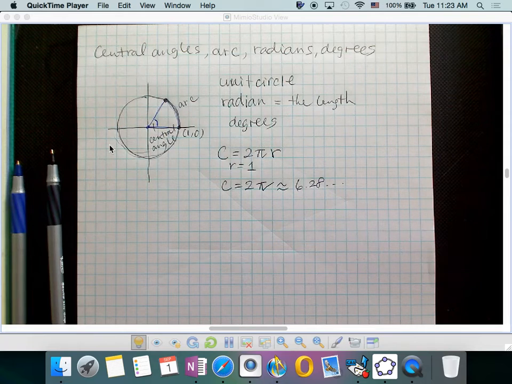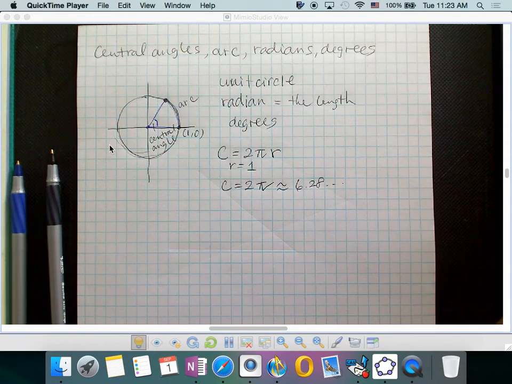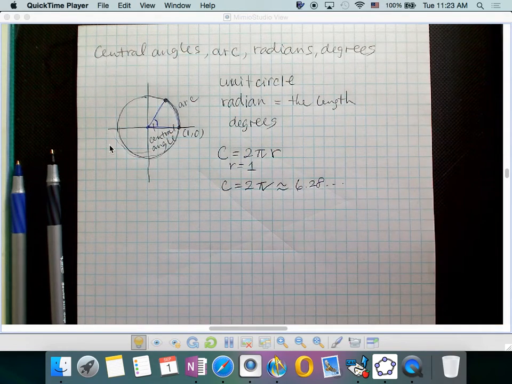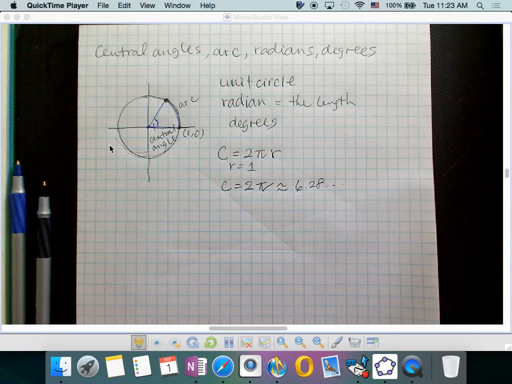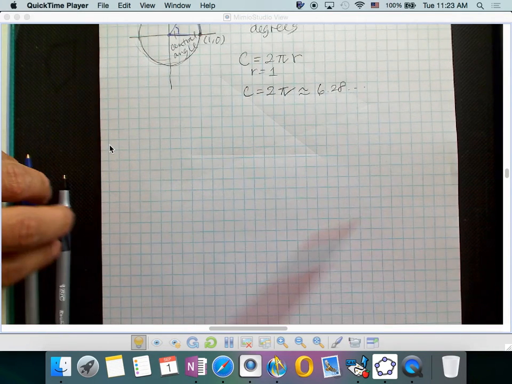So if you think about a circle with radius 1 mile, and you go along the edge of that circle, then you'll be walking or running about 6.28 miles. That's something I want you to keep in mind.